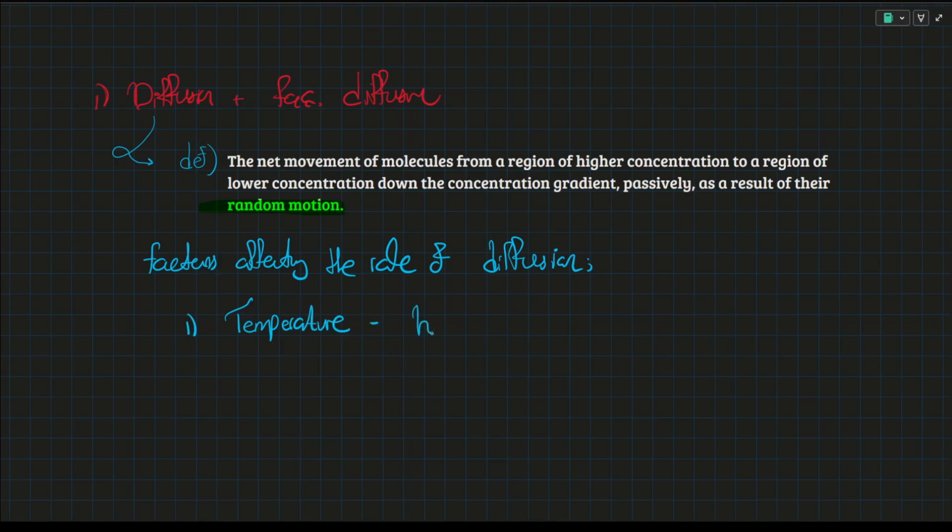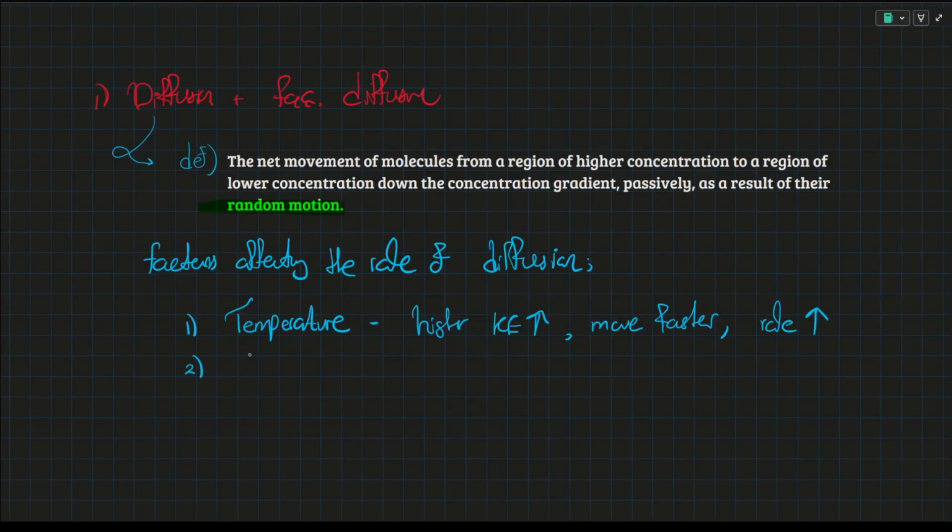When temperature is increased, particles have higher kinetic energy, therefore they move faster. If particles are obviously moving faster, the rate of diffusion, the rate of movement of those particles, is pretty high.